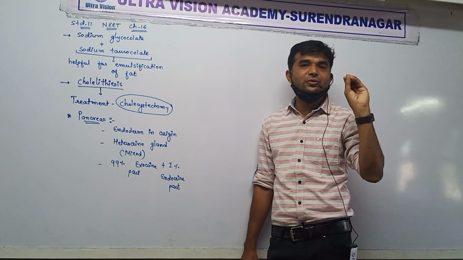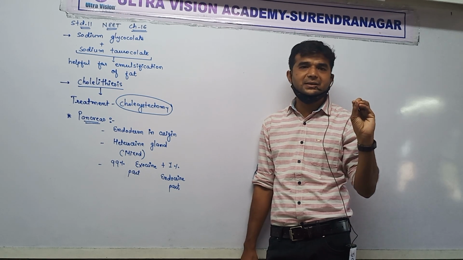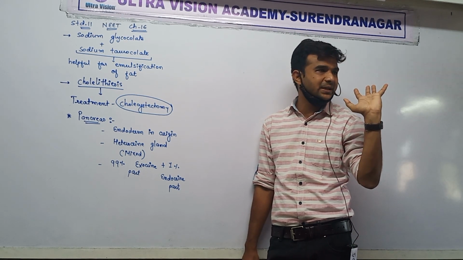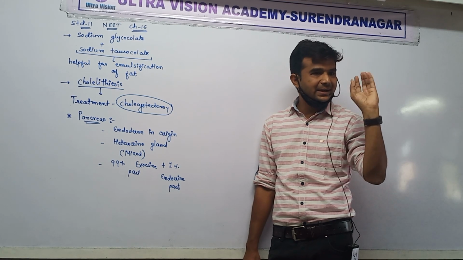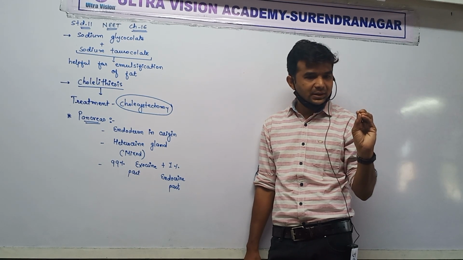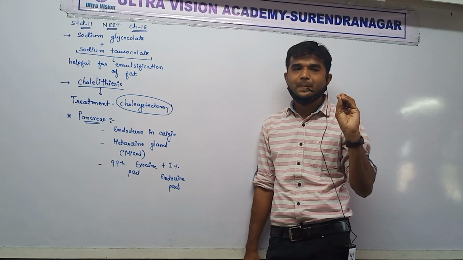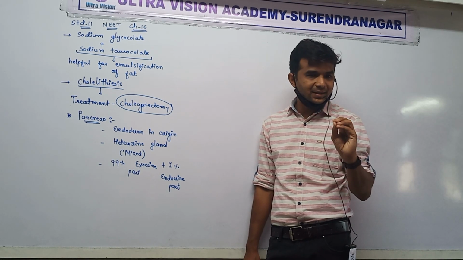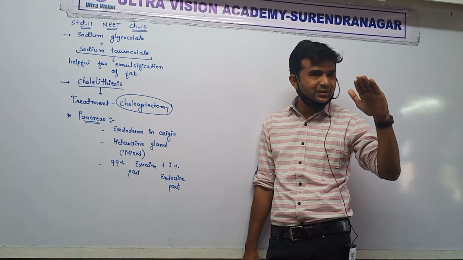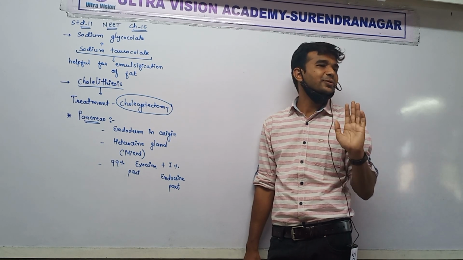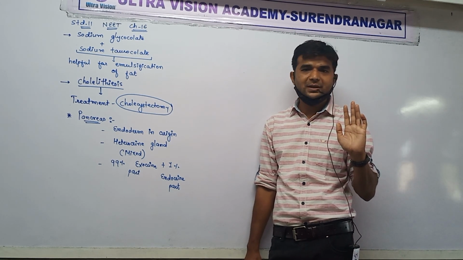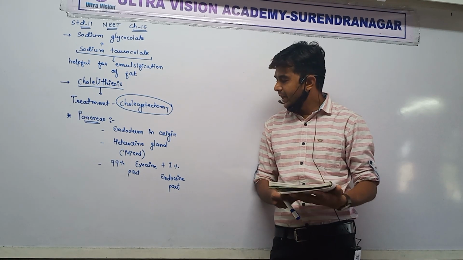Of all the islet of Langerhans cells, only 5% are delta cells. These delta cells secrete somatostatin, and it reduces the secretion of growth hormone. Okay, so that is the endocrine part.